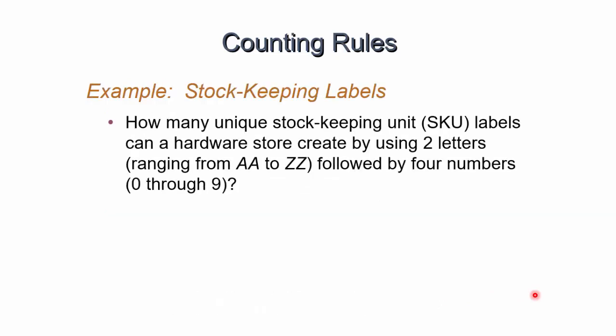A small example. How many unique stock keeping unit labels can we make in a hardware store? Supposing you are using an alphanumeric, that's alphabets and numbers. You're going to use 2 alphabets to begin with and 4 numbers, 0 through 9.